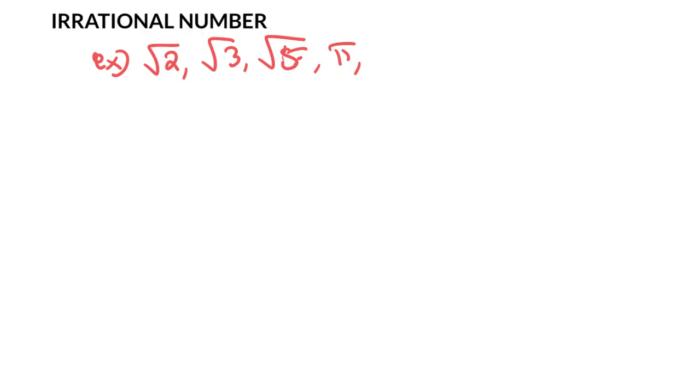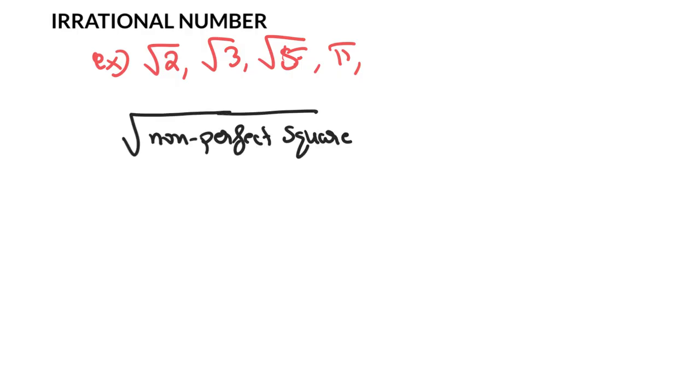In general, the square root of any non-perfect square will be an irrational number. You know what perfect squares are? For example, 2 times 2 is 4. Square root 4 is 2.